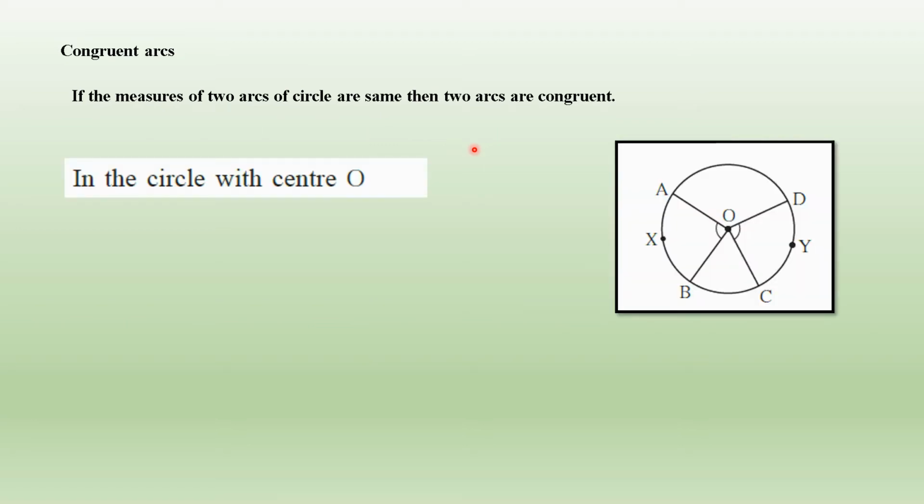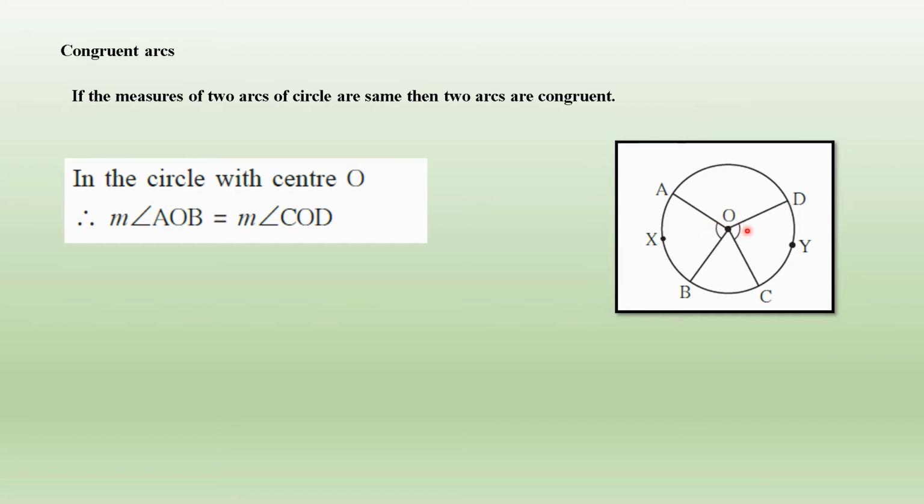Let us next see what are congruent arcs. If the measures of two arcs of a circle are the same, then the two arcs are called congruent. In this figure, in the circle with center O, the measure of angle AOB is the same as the measure of angle COD.